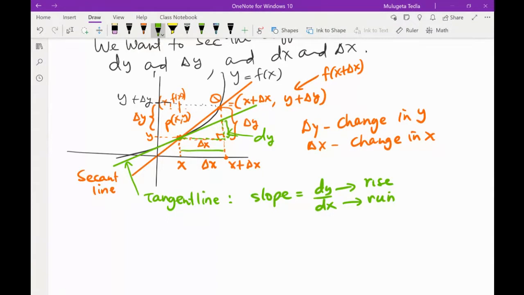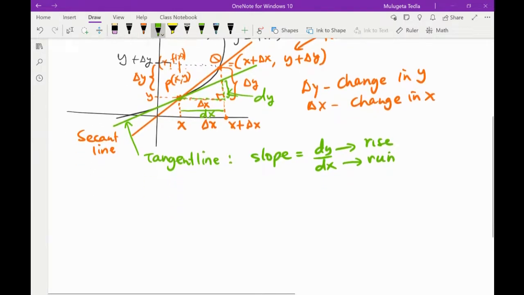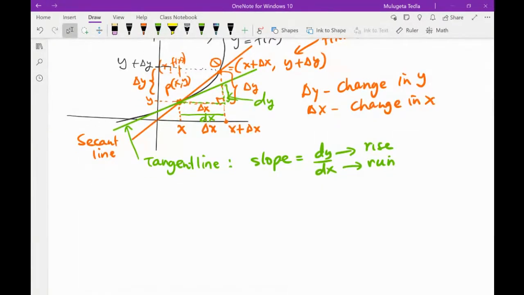So what is the run? This is the run, which is dx. dx and delta x are exactly the same. Because in that small triangle, the rise over the run for that green line is dy by dx. So therefore, you can see that delta y is not equal to dy from the picture.